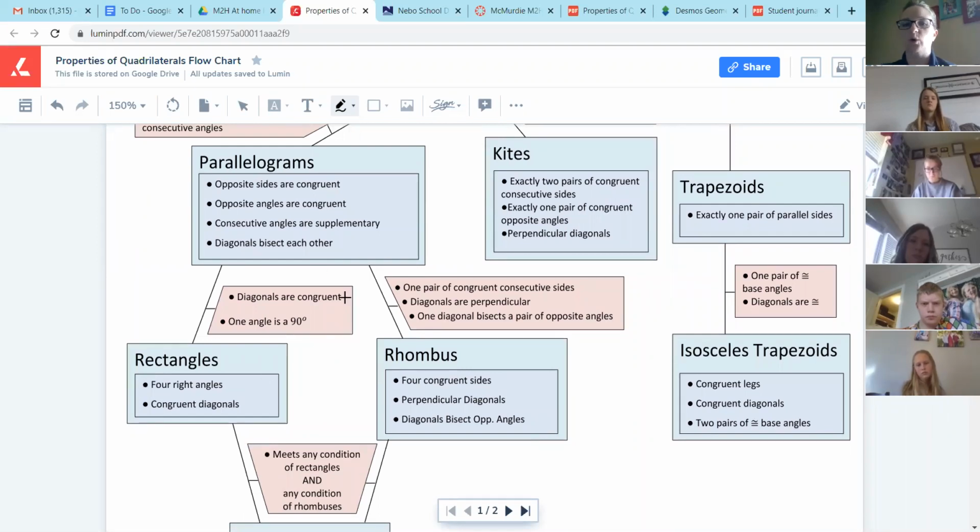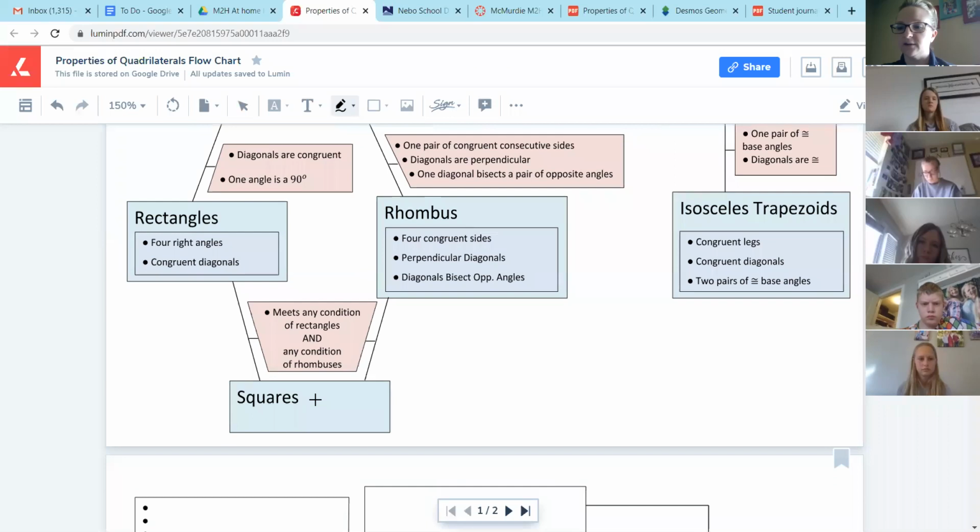That just means they have more properties than parallelograms do. And then a square, did you guys know that a rectangle and a rhombus combined makes a square? Like if you have all the attributes of a rectangle and all the attributes of a rhombus, then you're a square. Like they made a baby and the baby got all of the genetic traits from mommy and daddy.